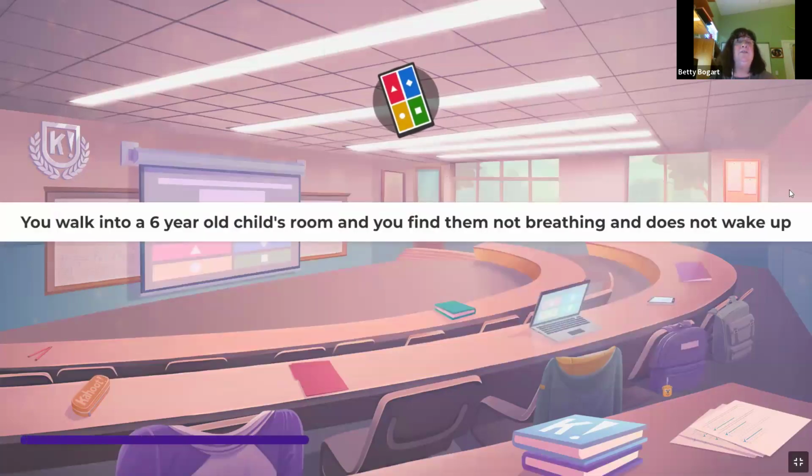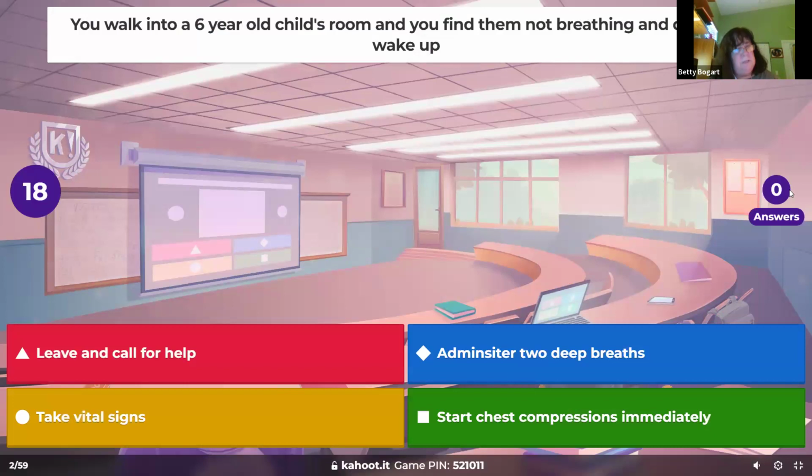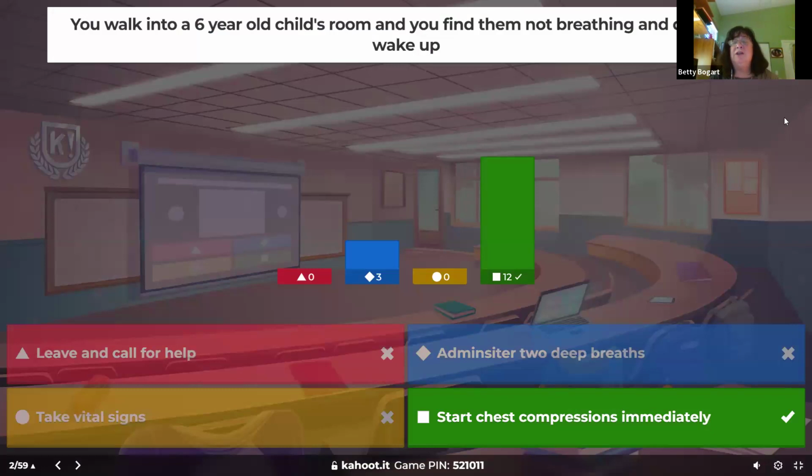You walk into a 6-year-old child's room and you find them not breathing and doesn't wake up. What do you do? Here's your CPR question. So you start chest compression.